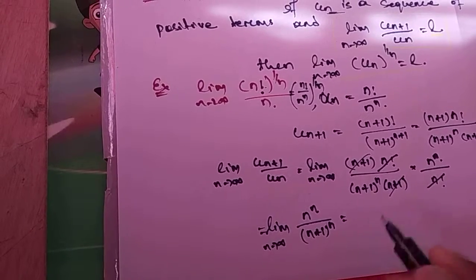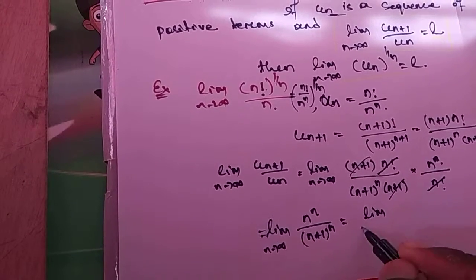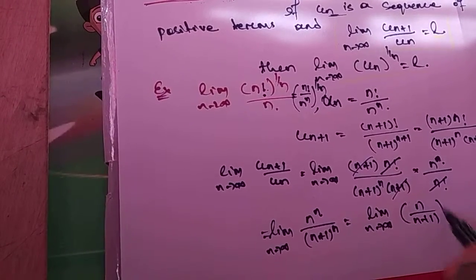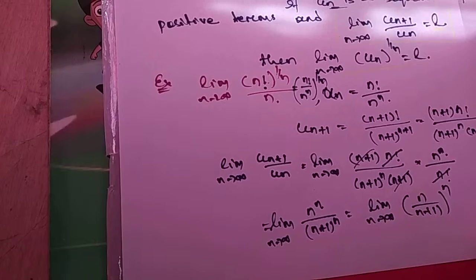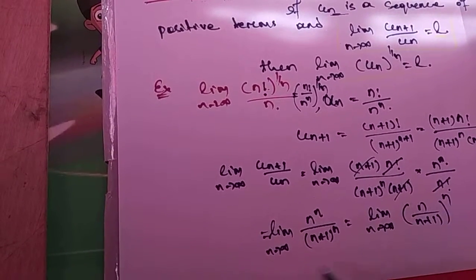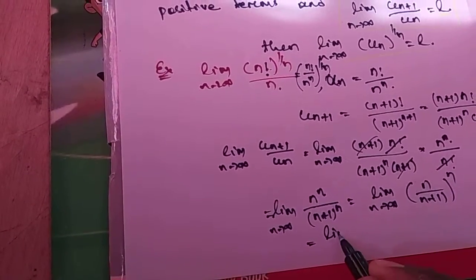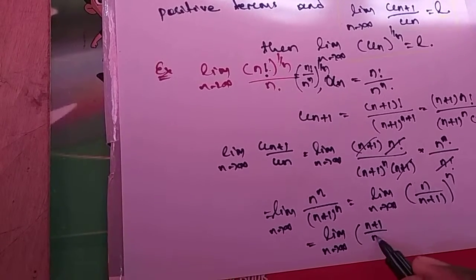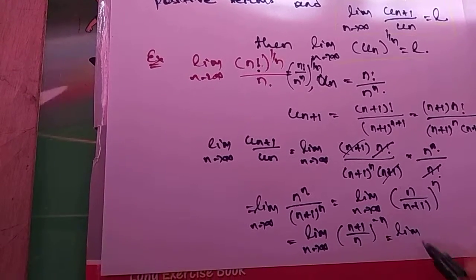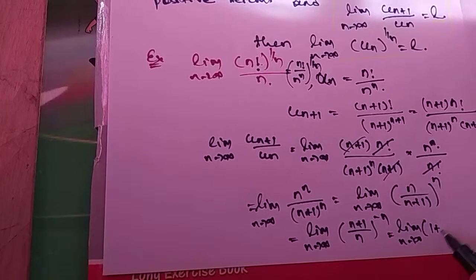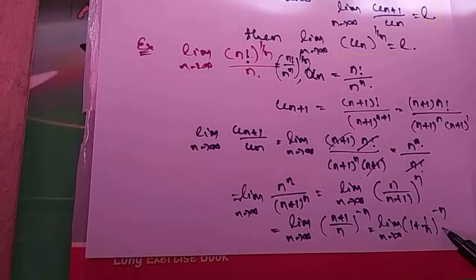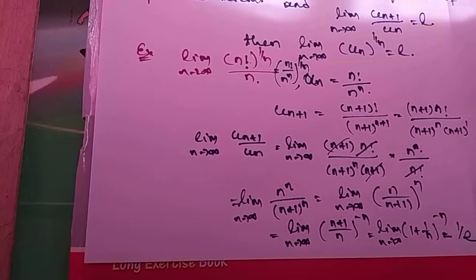It would be like limit n tends to infinity (n divided by n plus 1) whole to the power n. Okay, we can write it as limit n tends to infinity ((n plus 1) divided by n) to the power minus n, equal to limit n tends to infinity (1 plus 1 by n) to the power minus n, which is equal to 1 by e.